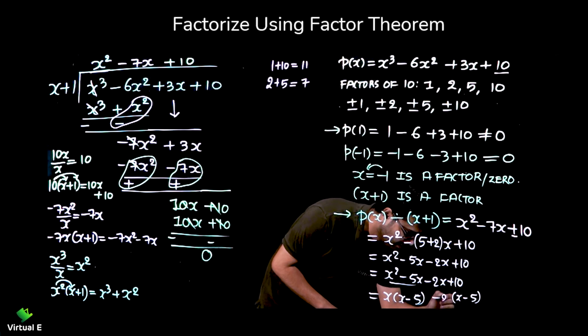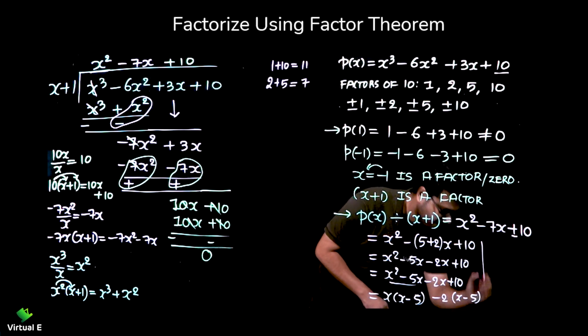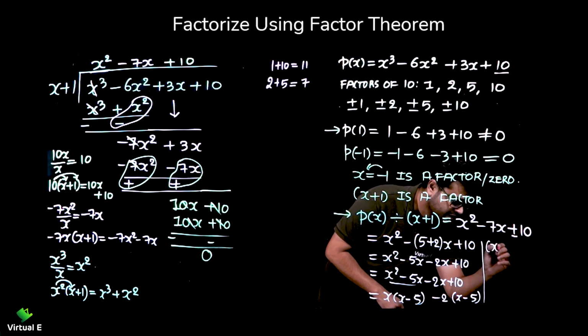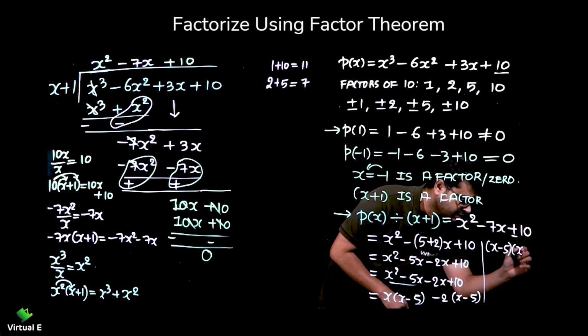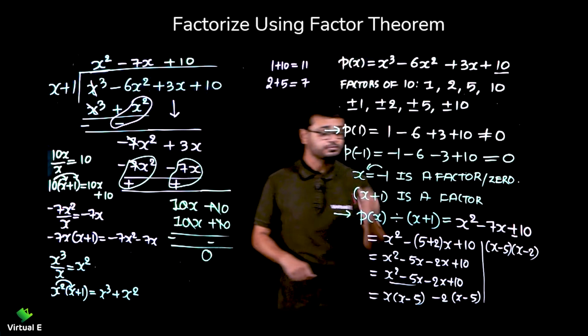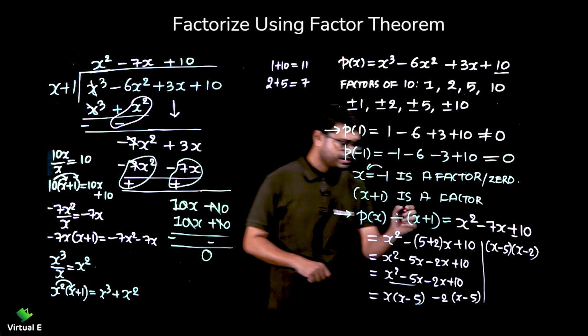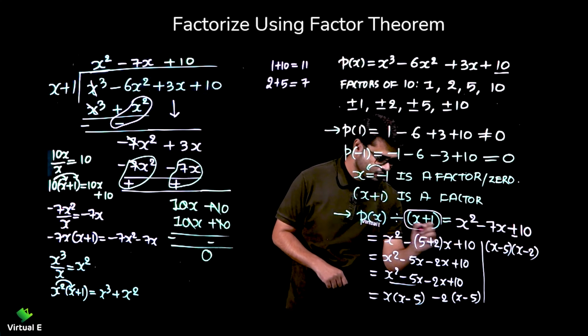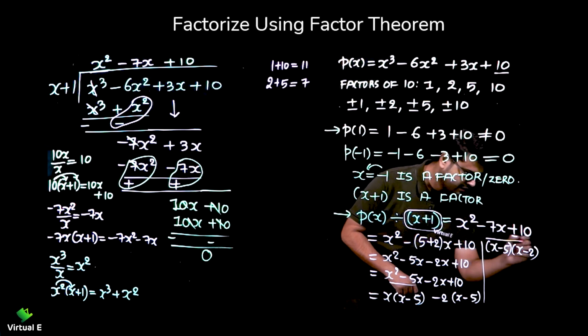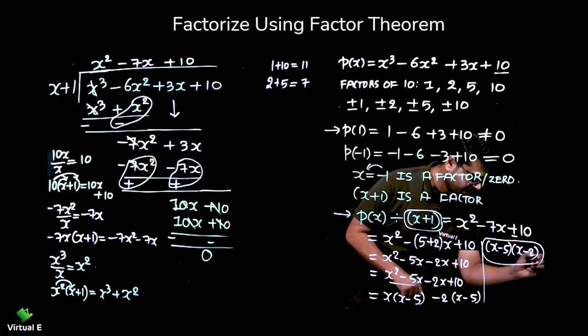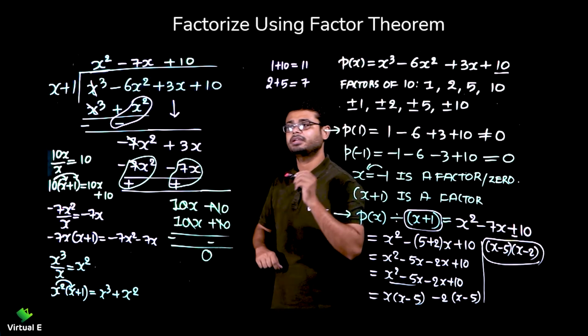Okay, so I write minus 2 over here. So finally factors are x minus 5 and x minus 2. So the first factor is x plus 1, second and third factors are x minus 5 and x minus 2.